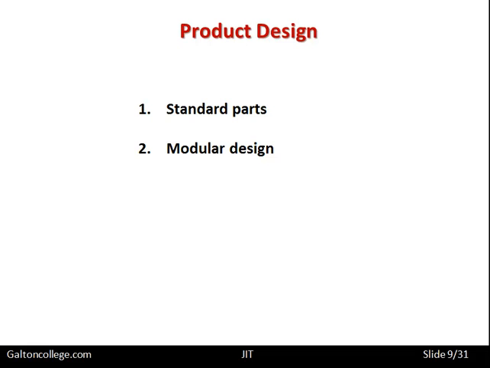But the point is, they produce a component, and the component is then shipped to another country where perhaps the car is assembled. And only at that stage are all of the various components put together to produce the car. So modular design is an attractive proposition in the context of JIT.